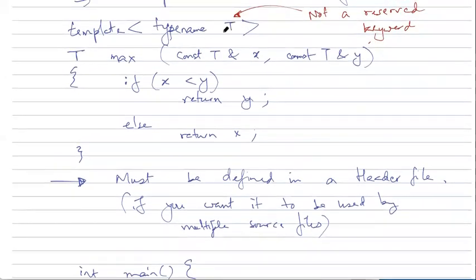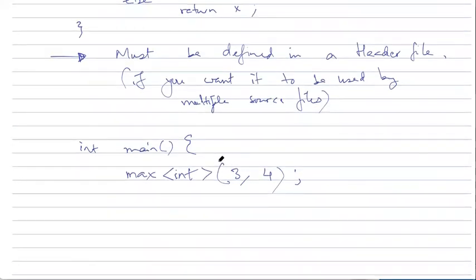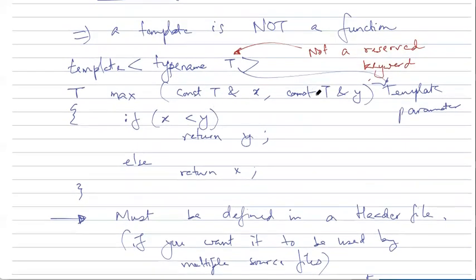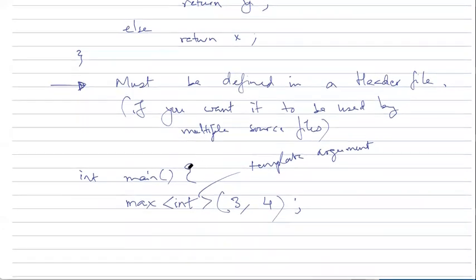So these are the template parameters. So this is called a template parameter. And this is what is called a template argument. So you replace the template argument in the positions wherever the template parameter is, and you get a new function generated.